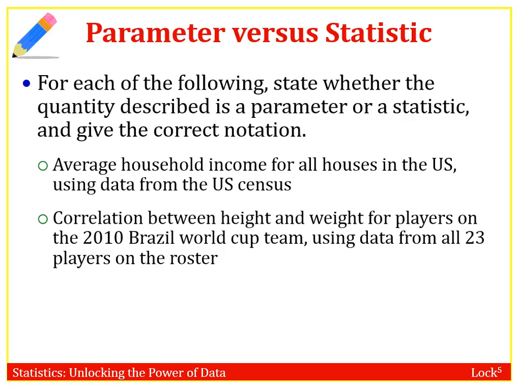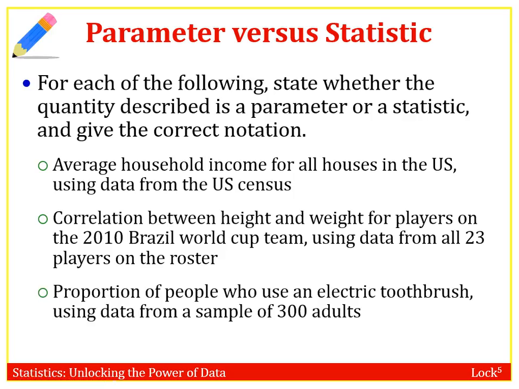Correlation between the heights of all players on a roster, that would be rho. Proportion of people, and it's a sample, that would then be a statistic, and it would be a p hat. So we have two parameters, and the bottom one is a statistic.